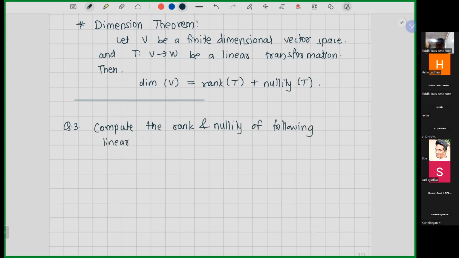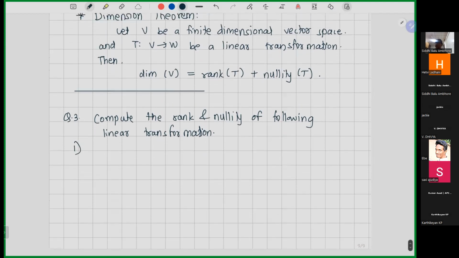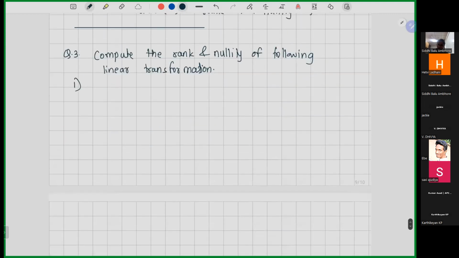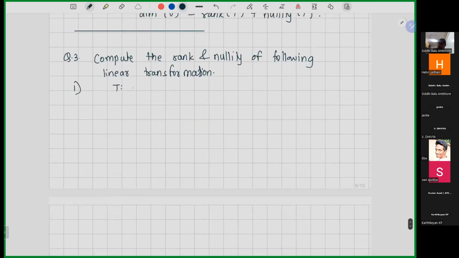We are already given that each is a linear transformation, and we want to find its rank and nullity. What is the first question? T from R2 to R3 defined by T(x, y) = (x, y, x + y).